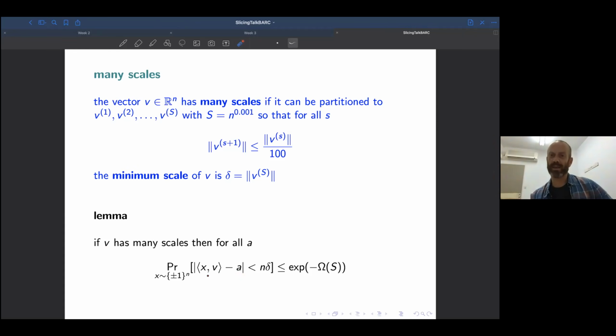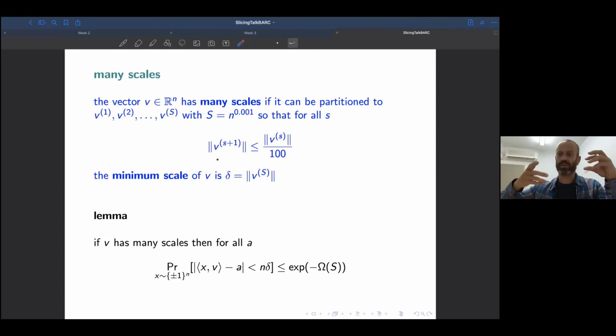Now, this is relatively intuitive. For example, imagine that we have just the vector 1, then the second coordinate is 2, then the next coordinate is 4, then 8, so it sort of grows, and there are S scales.